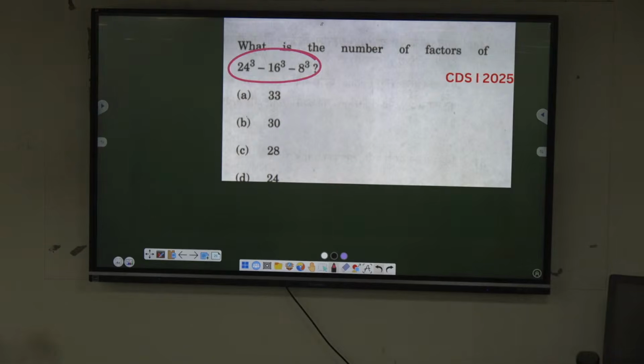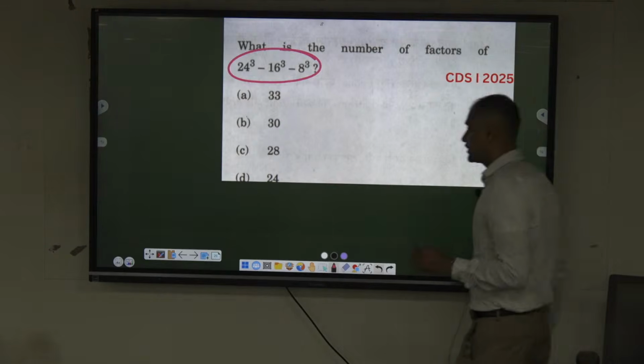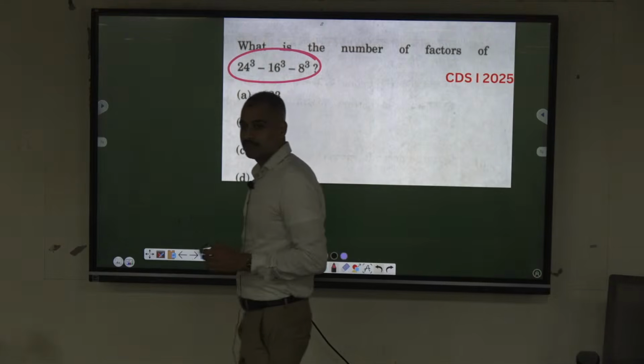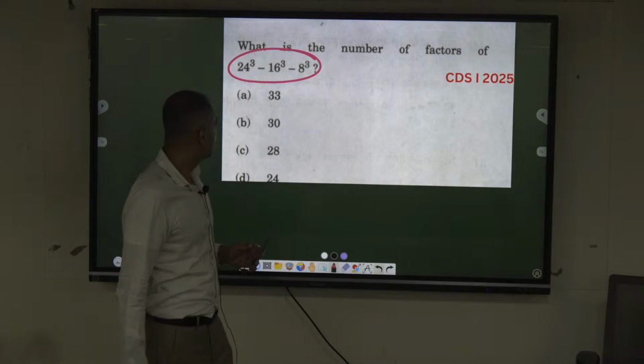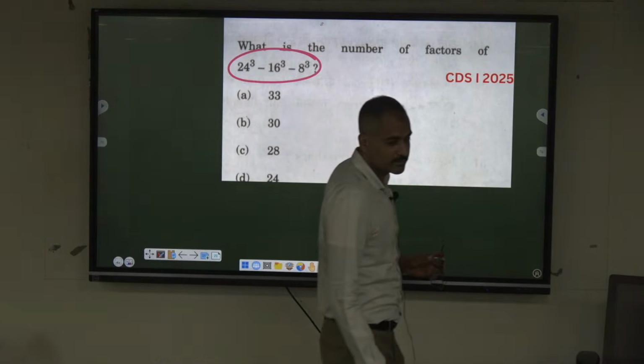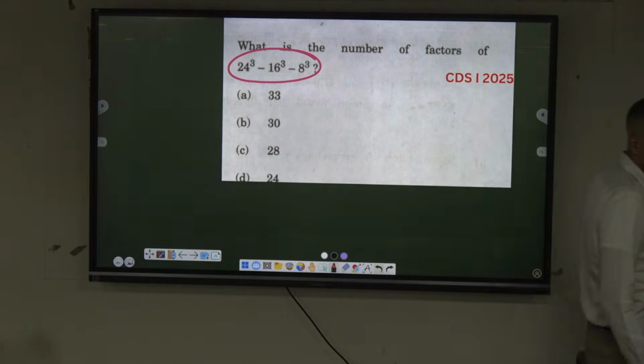Rarely do we see this kind of calculation in CSAT, but in CDS, this one. 24 cube, 16 cube, 8 cube. I'm using a calculator.